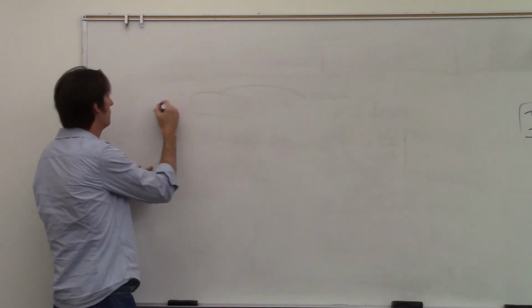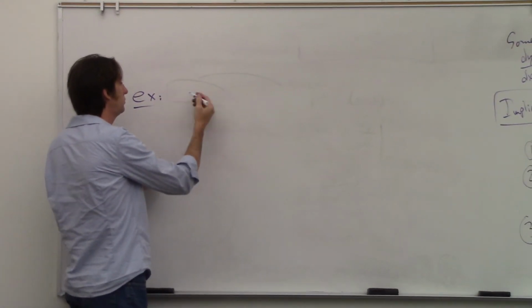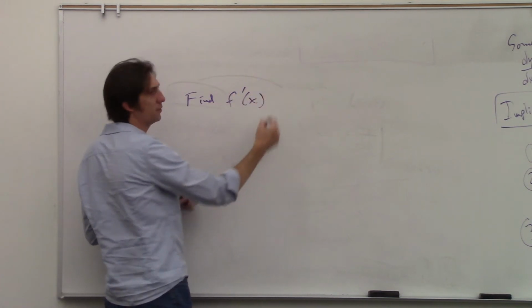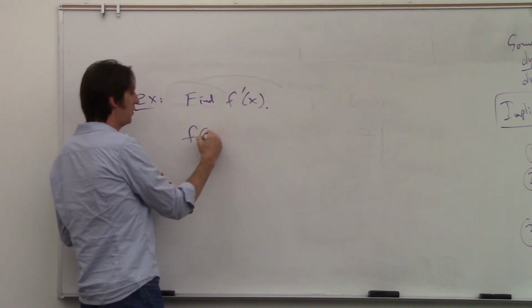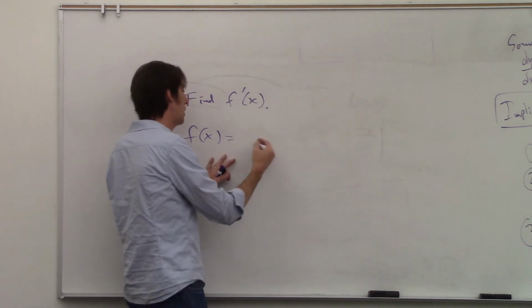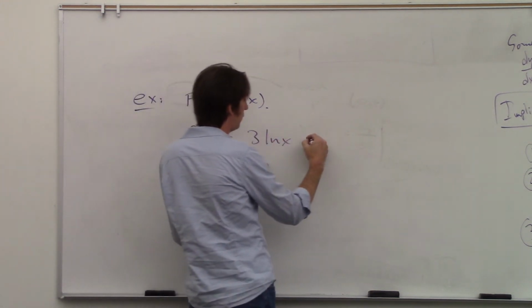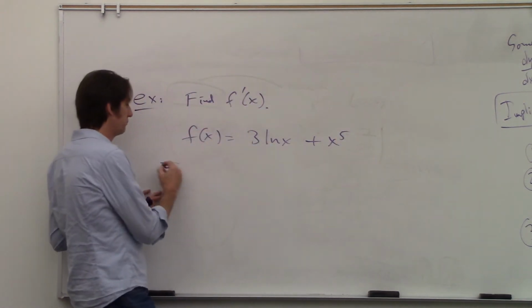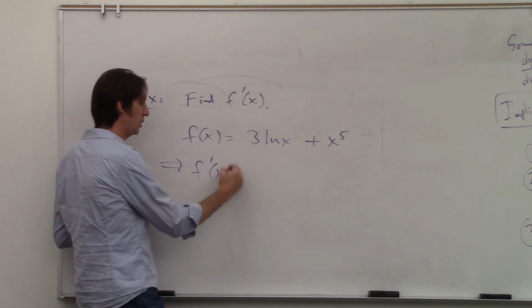Let's do a couple of examples here. This problem will be to find f prime of x. f of x, the function in this case, is 3 ln of x plus x to the 5th. So what's f prime of x here?